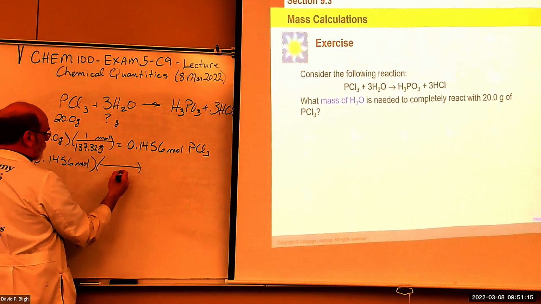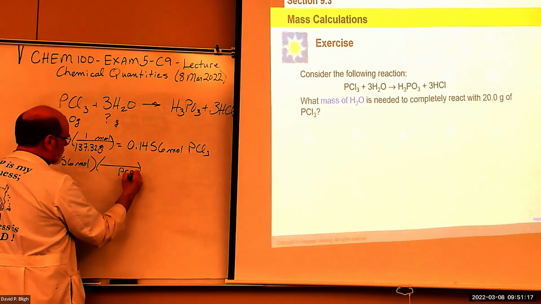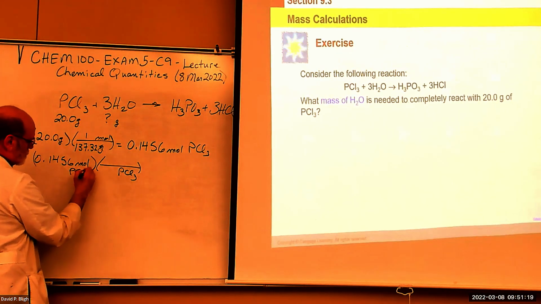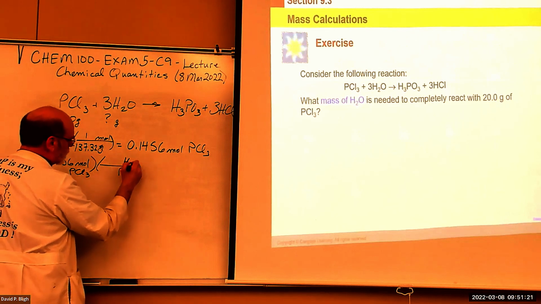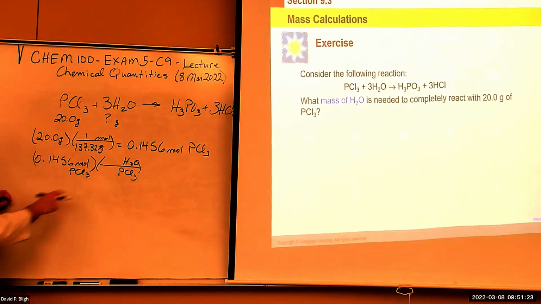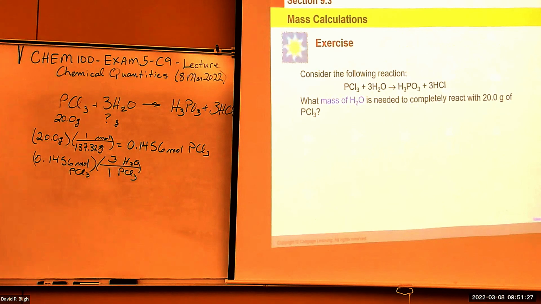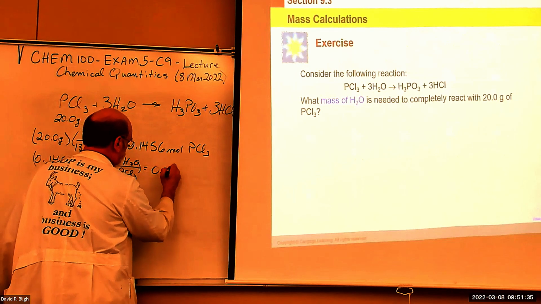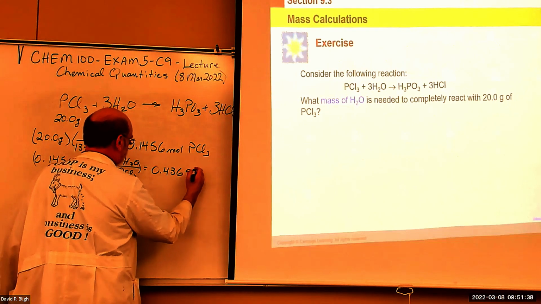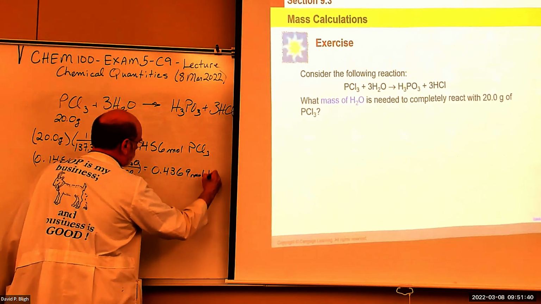And then we want to convert to moles of water. So we have PCl3 here and water here, and the conversion factor is one of these and 3 of those. So 3 times that value. 0.4369 moles of water.